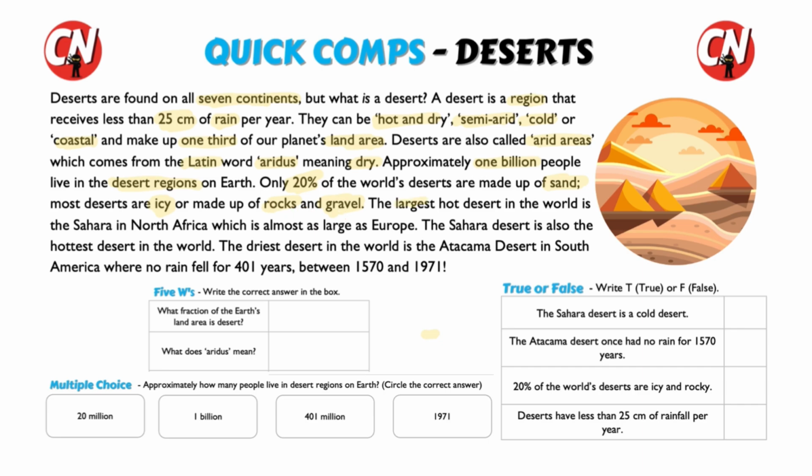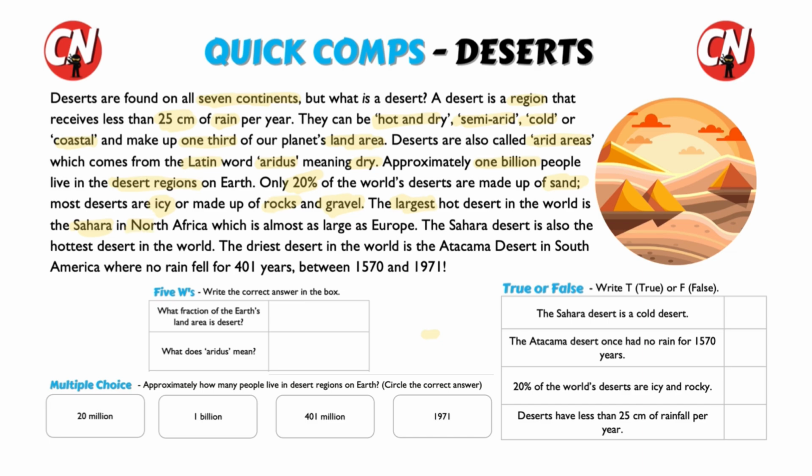The largest, I quite like that. Although we've said that's going to be something in fiction, largest is like that comparative adjective that's telling us it's the biggest. That's probably quite important. You could quite easily imagine there being a question about that. The largest hot desert in the world is the Sahara in North Africa.